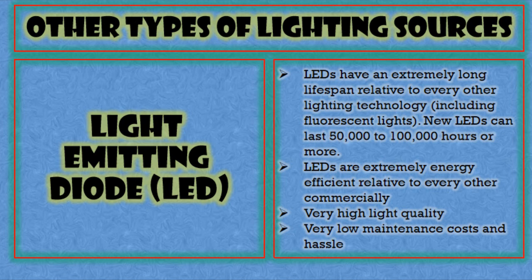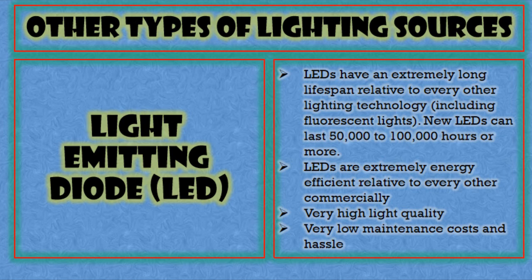So yun, it is more efficient than fluorescent. Kaya ito na yung pinoproduce nila na mga pailaw natin ngayon. And then very high light quality, syempre maliwanag, and then very low maintenance cost and hassle.